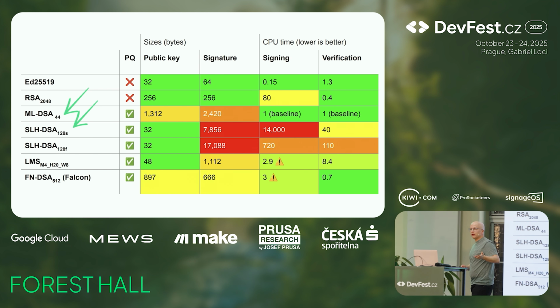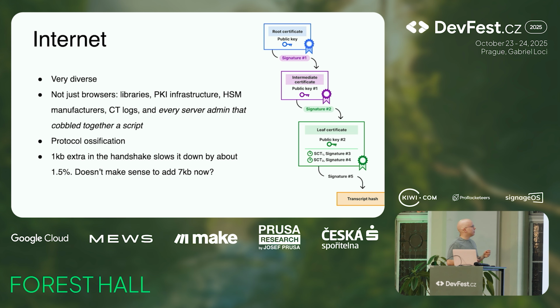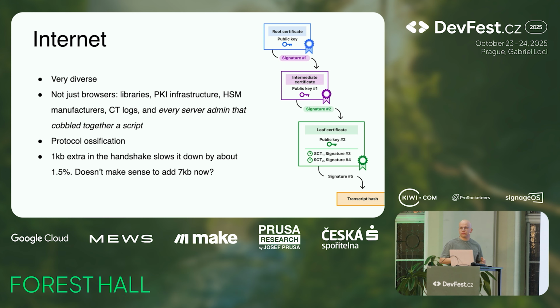This can be a problem because when it adds up, suddenly you're not transferring just a few hundred bytes, or let's say 1 kilobyte, but you're adding way more data inside the handshake, meaning you're slowing everything down.